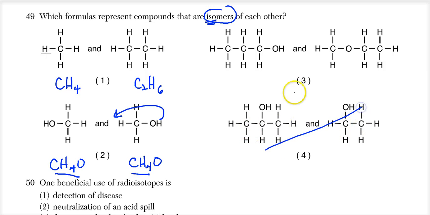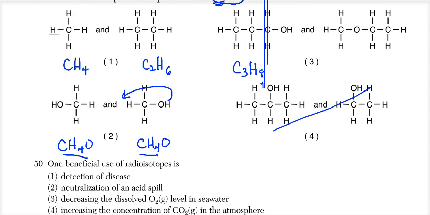So number 3, both of these have the same number of stuff, C3, okay, H, I believe 8. 1, 2, 3, 4, 5, 6, 7, 8. And 1 oxygen. And this one is also C3, and you can count H8 and 1 oxygen.